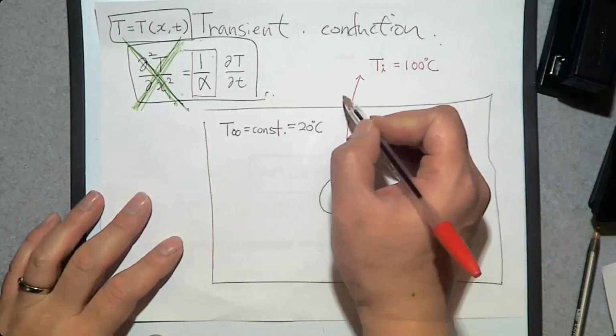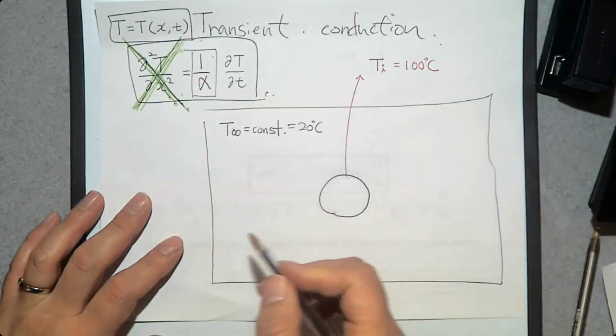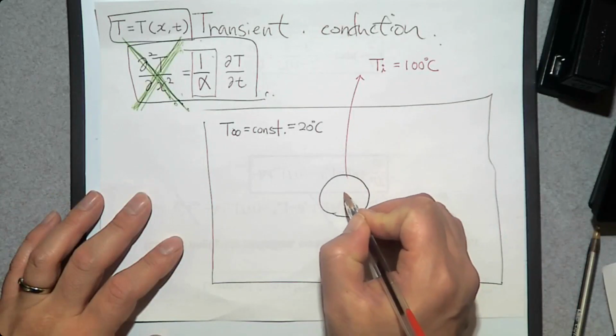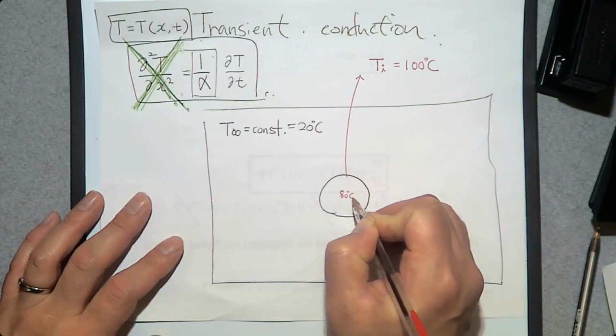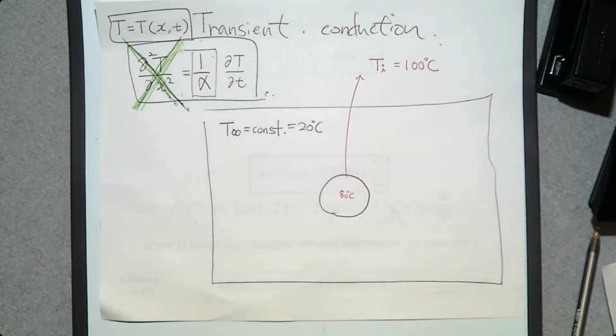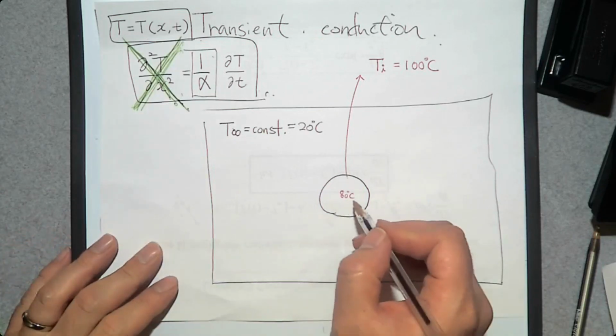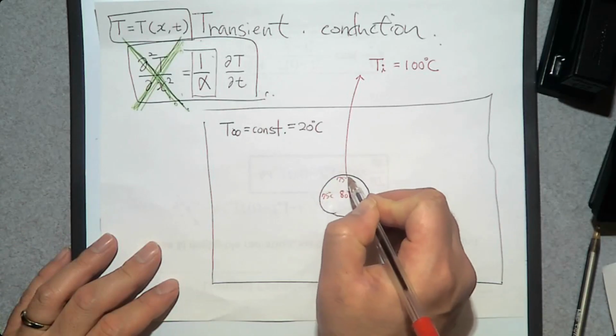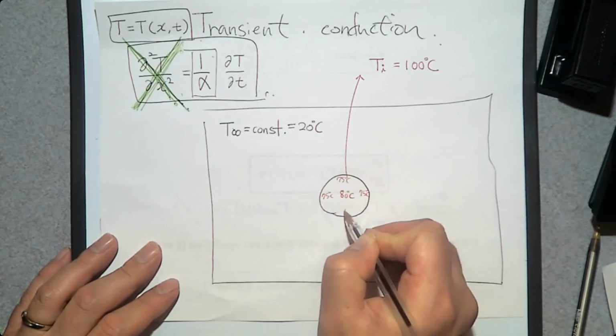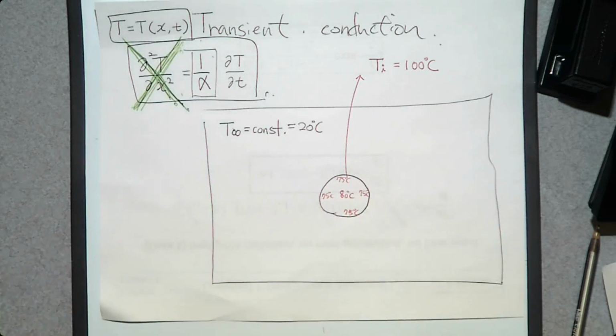So let's say some time later, the temperature of the solid is near 80 degrees Celsius, and the temperature near the surface is going to be close to 80, maybe 75, because the heat transfer within this solid is good. Therefore, there is almost no temperature difference between the center of the solid and the surface of the solid.